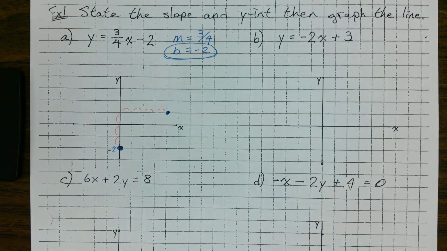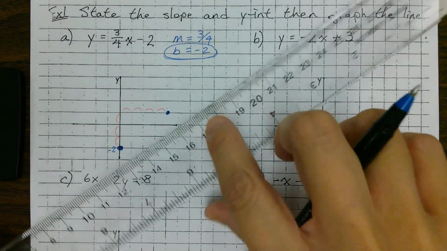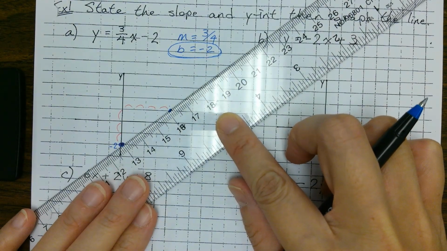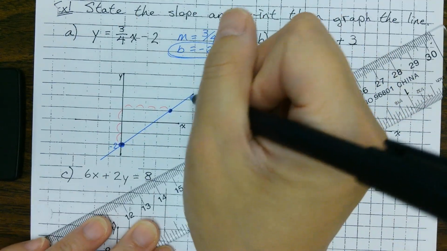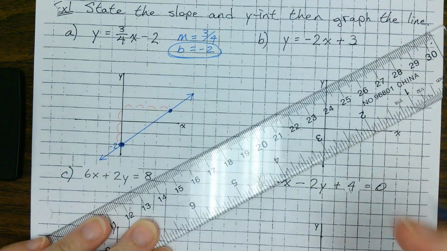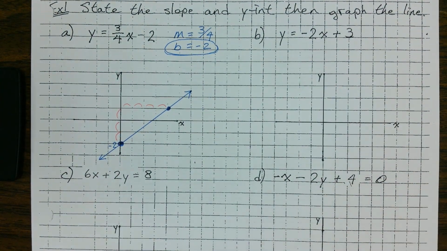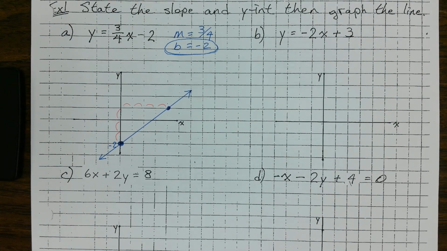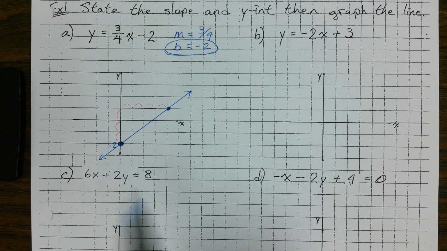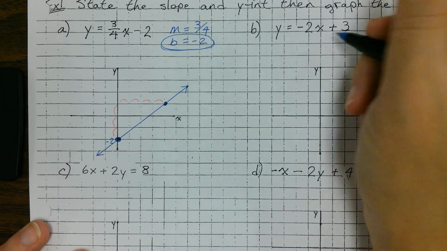Once I have 2 points, I can draw my line. There you go. Now that you know how to rearrange the equation, you know how to draw the line as well. Okay, let's try this one again.